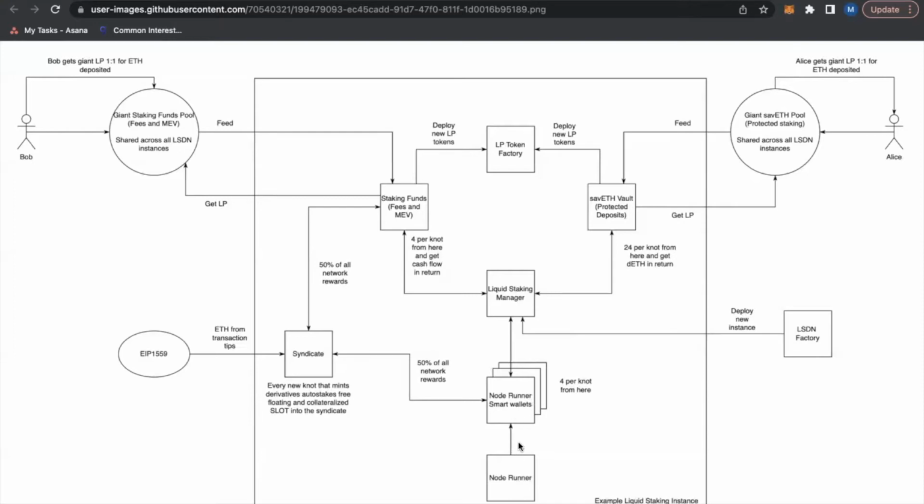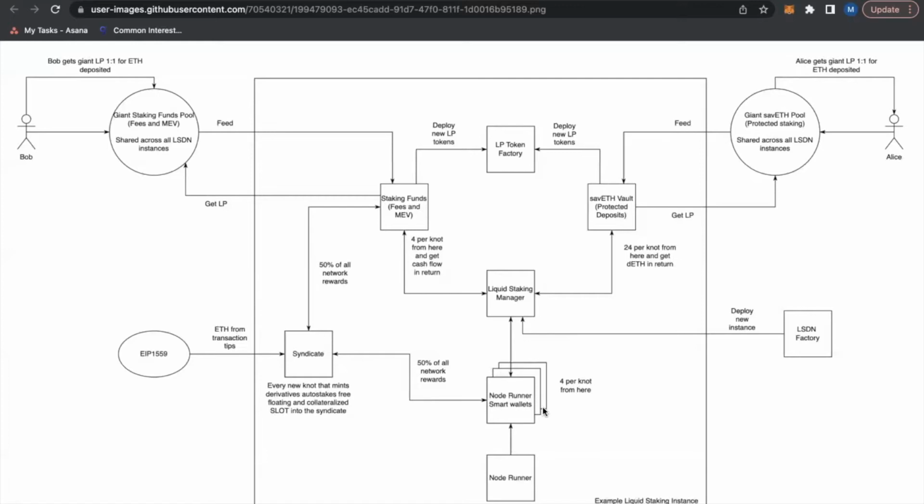Yeah, no, it cannot. So basically, the node runner has the validator, but from the diagram you can make out that the central point is the liquid staking manager, and between the node runner and the liquid staking manager come the smart wallets. These smart wallets are a one-to-one mapping for a node runner.